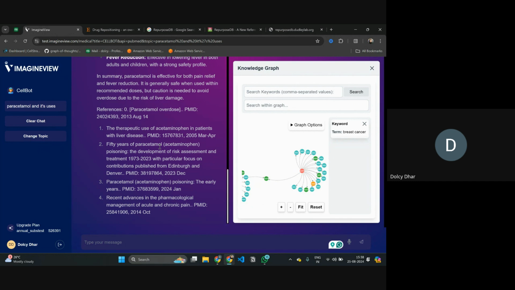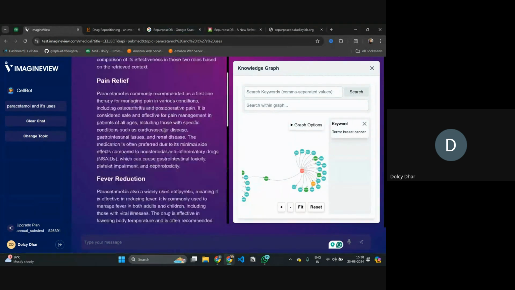So it caters to both. Healthcare professionals get medically relevant information, and everyone else also has access to information so that they can make better health decisions.